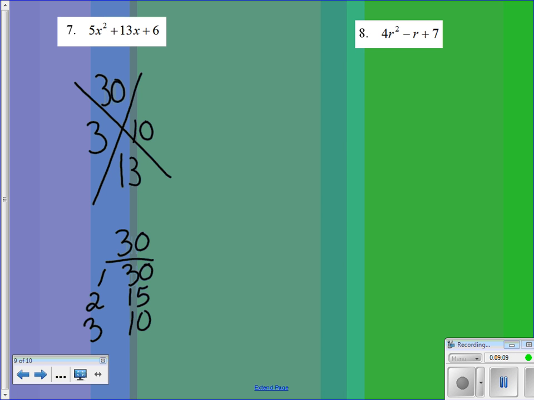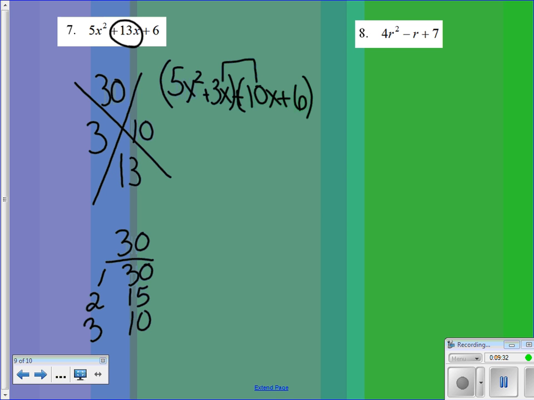Everything's positive in this case. So now I'm going to split up that middle term. So I have 5x squared plus 3x plus 10x plus 6. So I took that middle term and split it up as 3x and 10x.